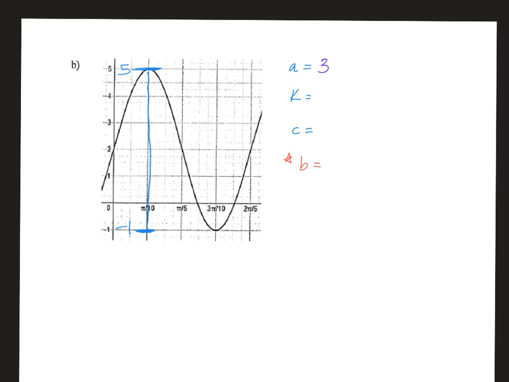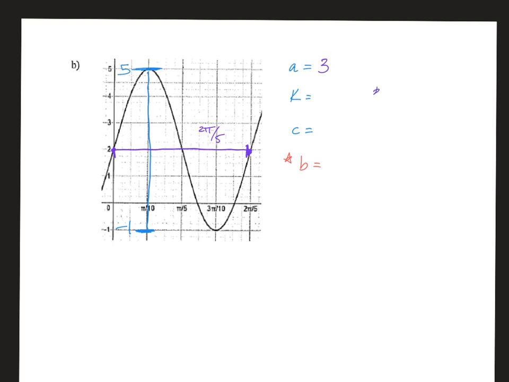Okay, if I have to take a look at how long does it take to repeat? Well, my graph seems to go from a 2 up, past 2, back, and return to 2 in that time span. So what was the distance that took? That was from 0 to 2 pi by 5.